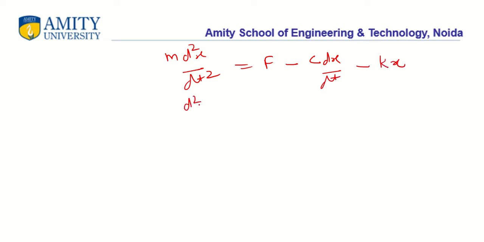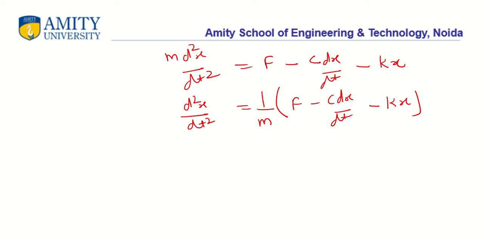Further, I can also write d2x by dt square is 1 by m into F minus c dx by dt minus kx.